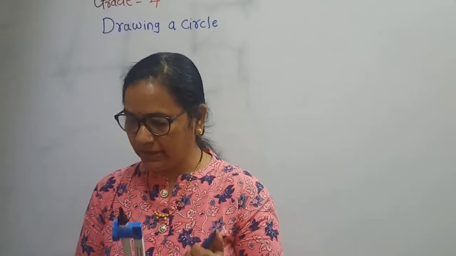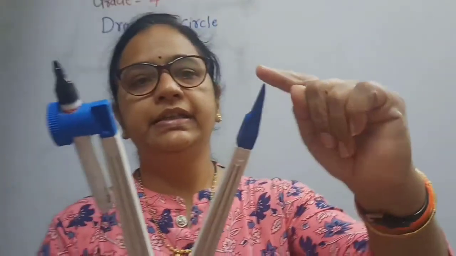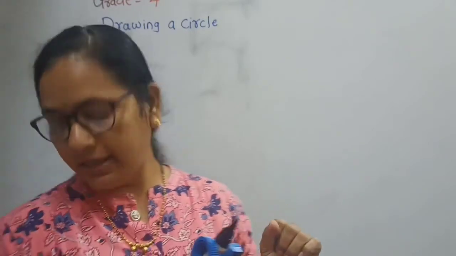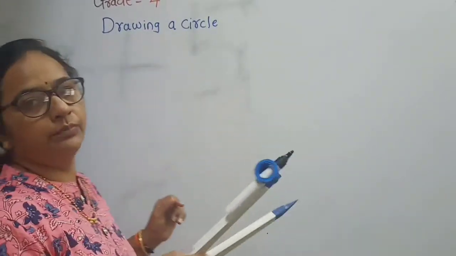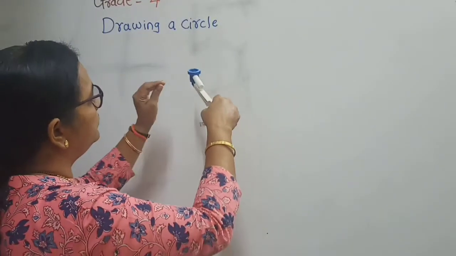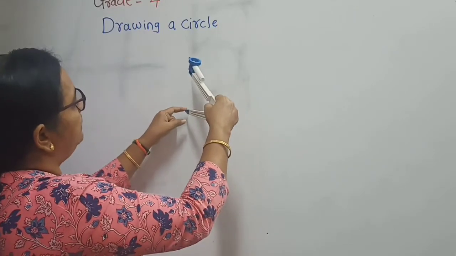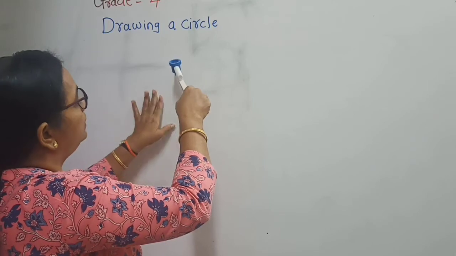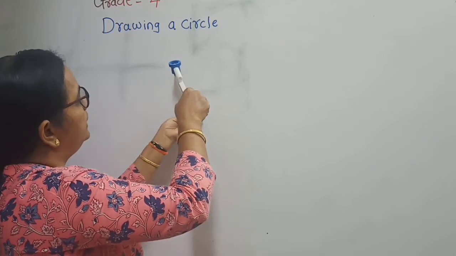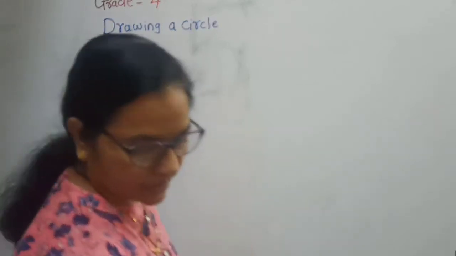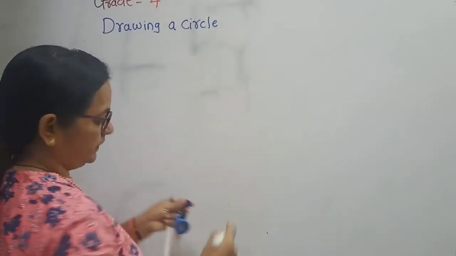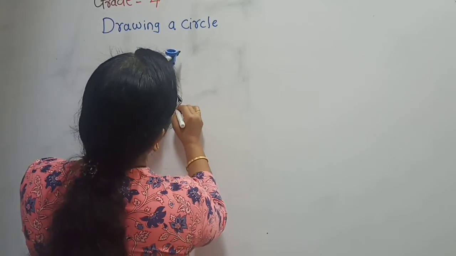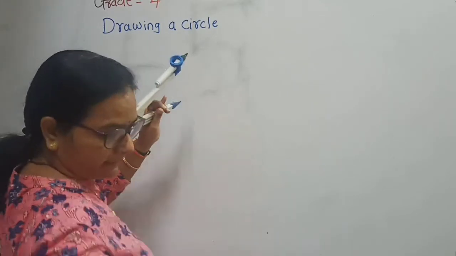First step, keep the metal point, the end of the compass, firmly on the paper or in your notebook. Then make a point here.